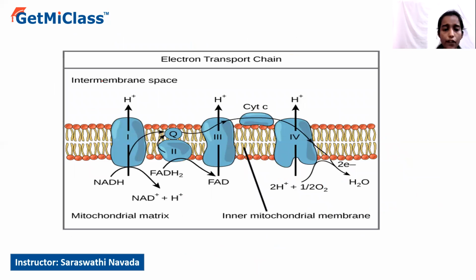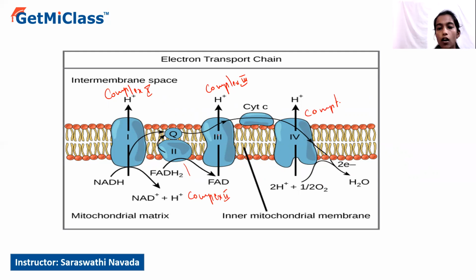Here you can see complex 1, that is NADH dehydrogenase. This is complex 2. And this is complex 3, that is the cytochrome B-C1 complex, and this is complex 4, that is cytochrome C oxidase.